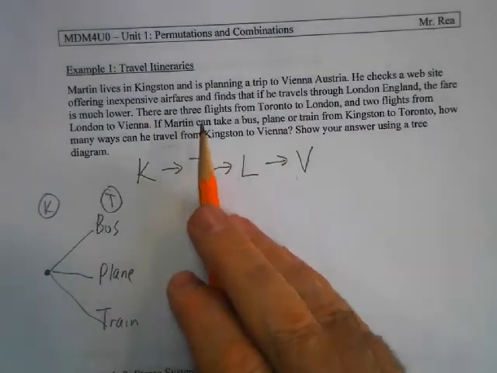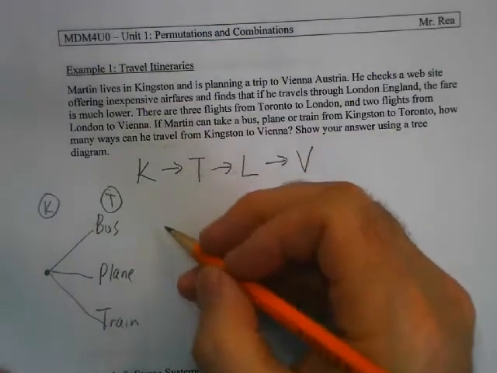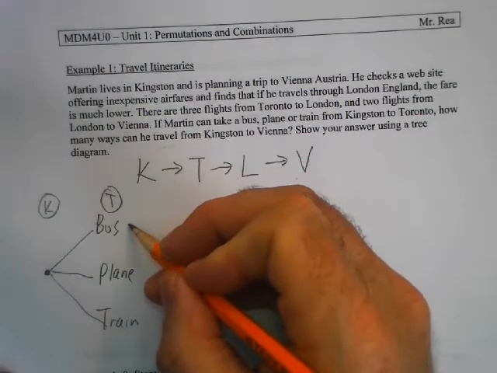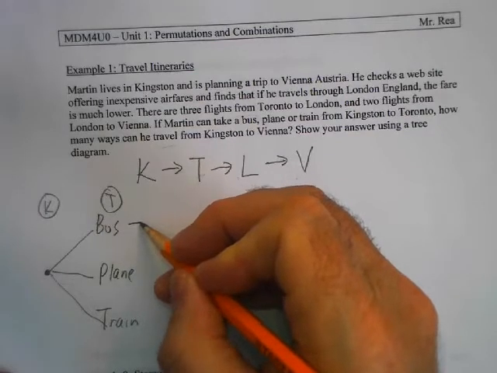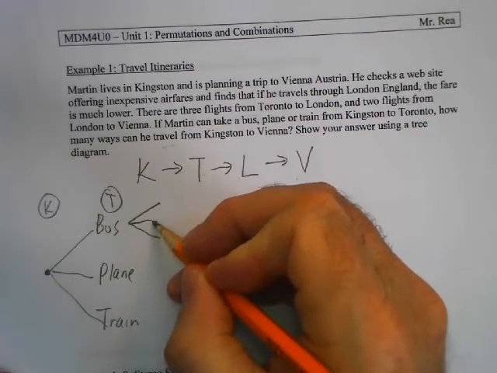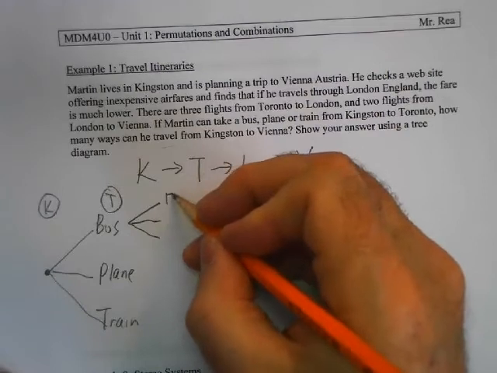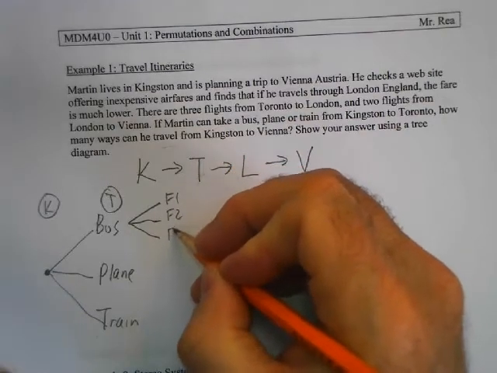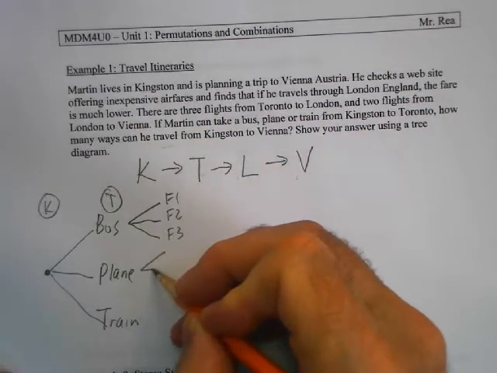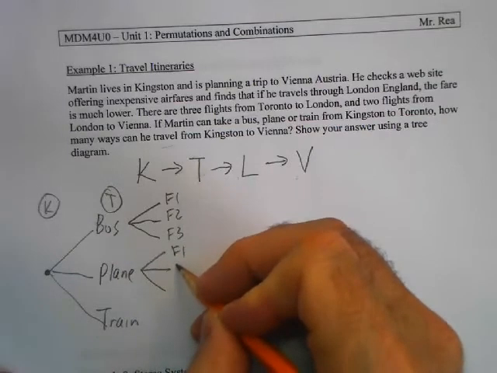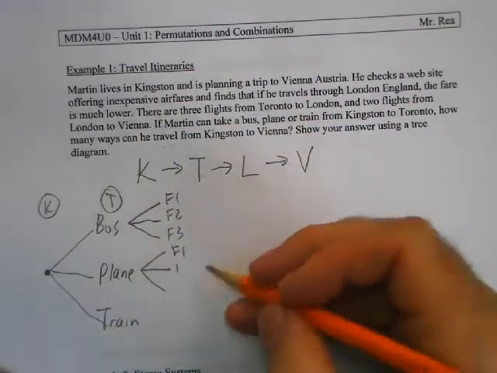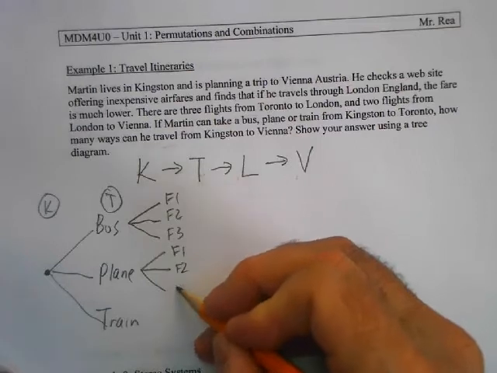Now, once he's in Toronto and he wants to go to London, there are 3 different flights. So from each of these, I'm going to have 3 branches. I'll put flight F1, F2, F3 for the different flights, and I have to repeat that for each of the methods that he got to Toronto.